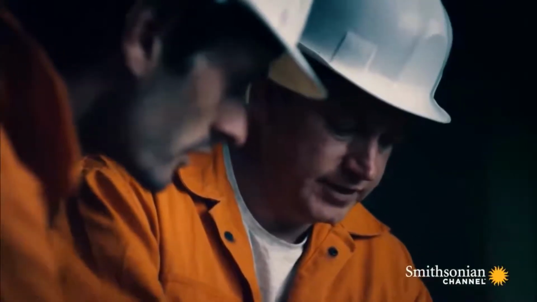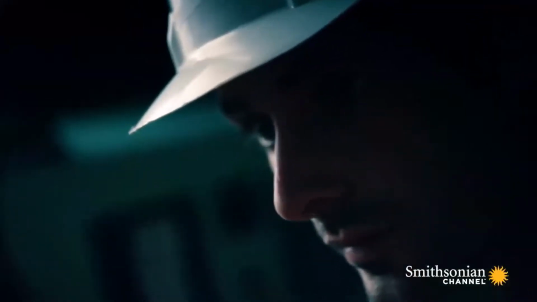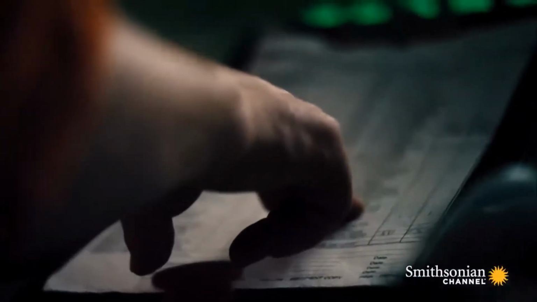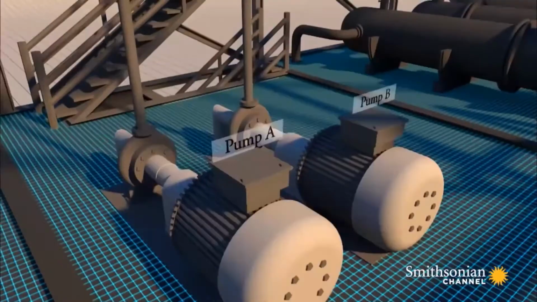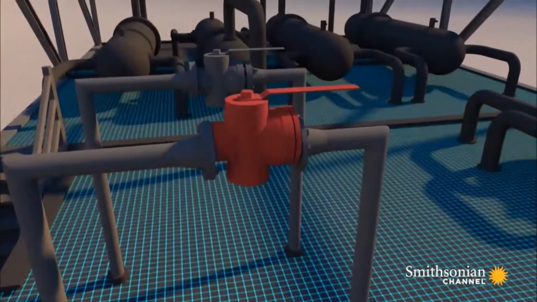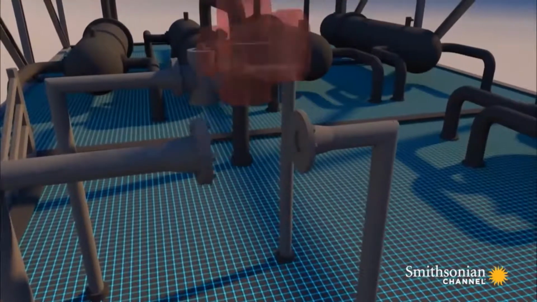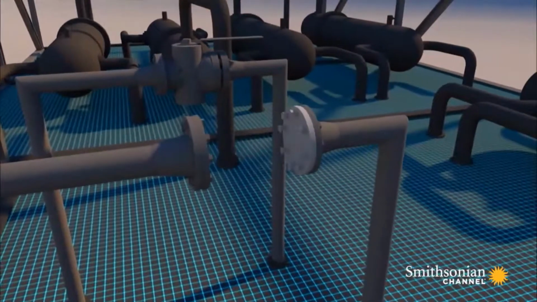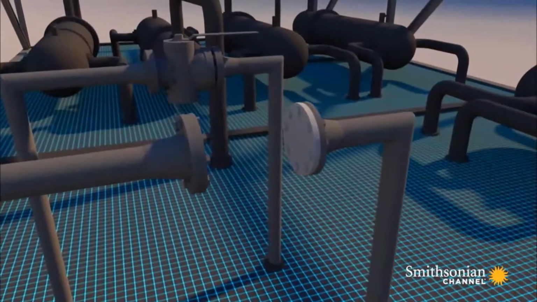To avoid a full shutdown, a decision is made to halt maintenance on Pump A and bring it back online. But what nobody knows is that Pump A has a fatal flaw. During maintenance, its safety valve has been removed, meaning that there is nothing to stop thousands of cubic feet of gas escaping into the atmosphere.